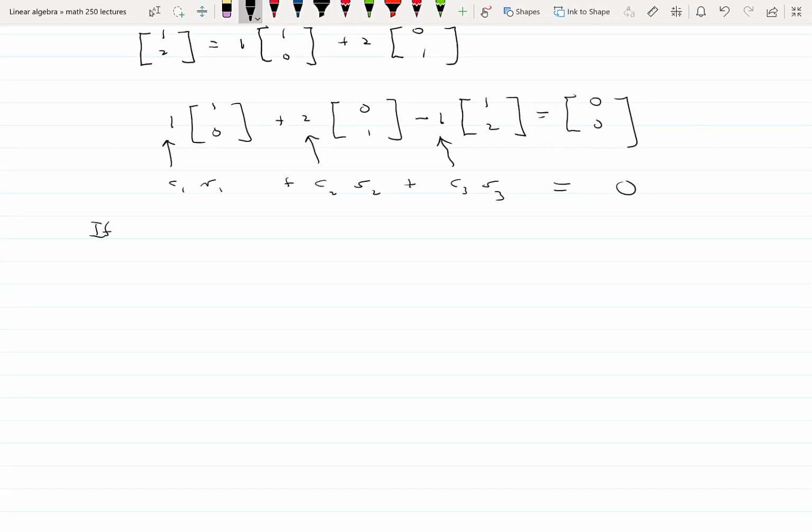So if V1, V2, all the way up to Vn are not linearly dependent, we say that they are linearly independent.